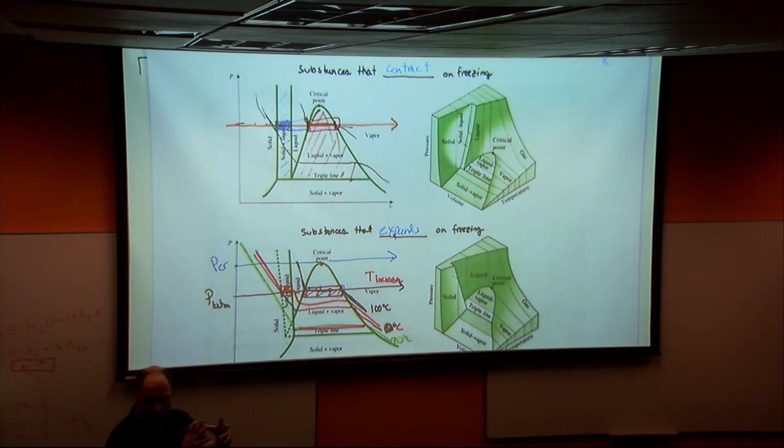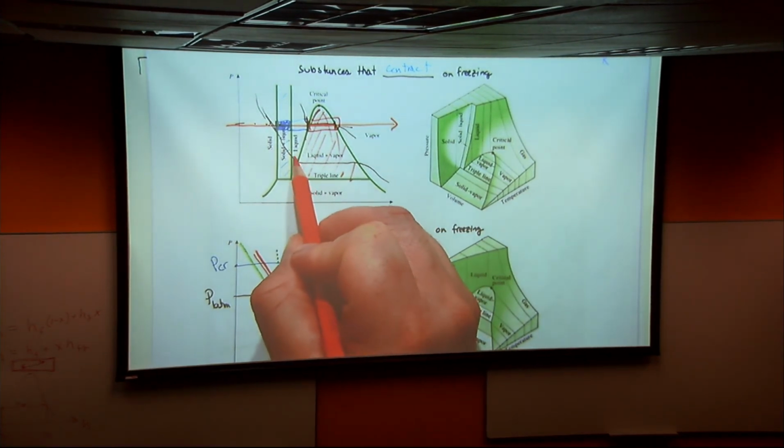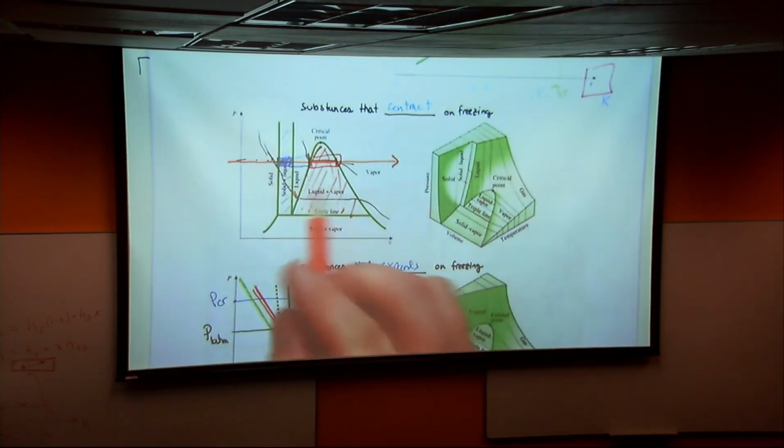So if you take a control volume that goes from liquid to vapor, that control volume stays at constant temperature during phase change. It doesn't mean the neighboring ones might not change temperature, because phase change needs heat transfer, right? So you could heat up or cool down your neighboring control volume. But yeah, it should be flat here. So I guess on this one I should have done something.